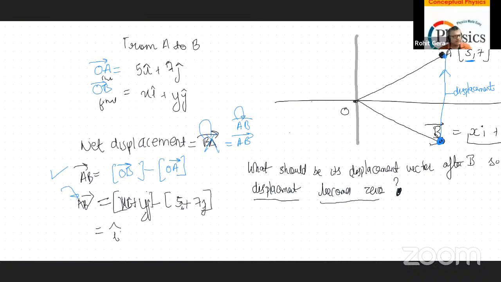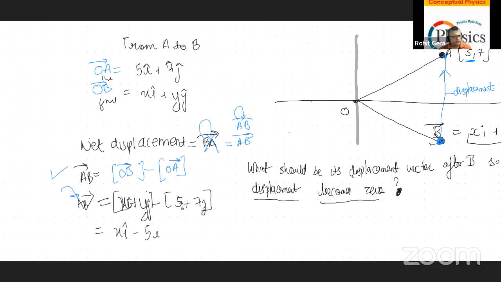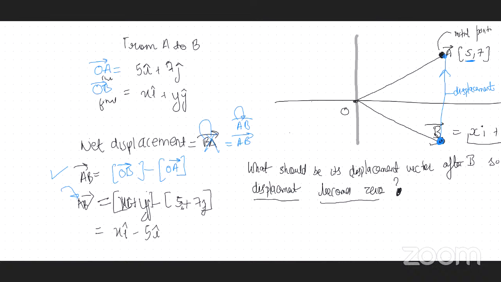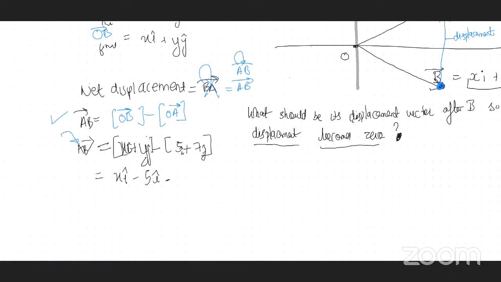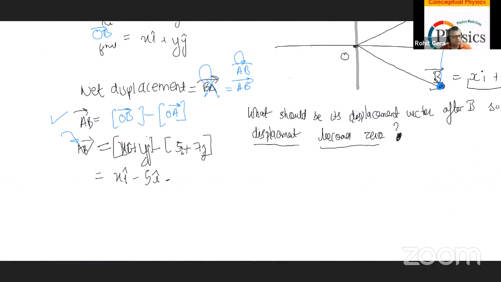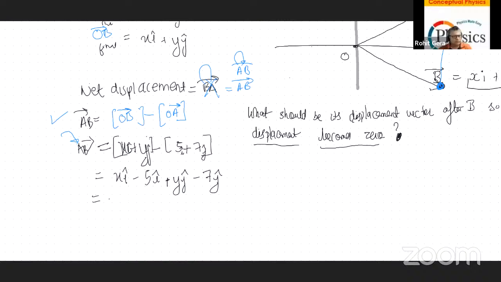I'll just do it like this, x minus 5 in the bracket, and then the j.